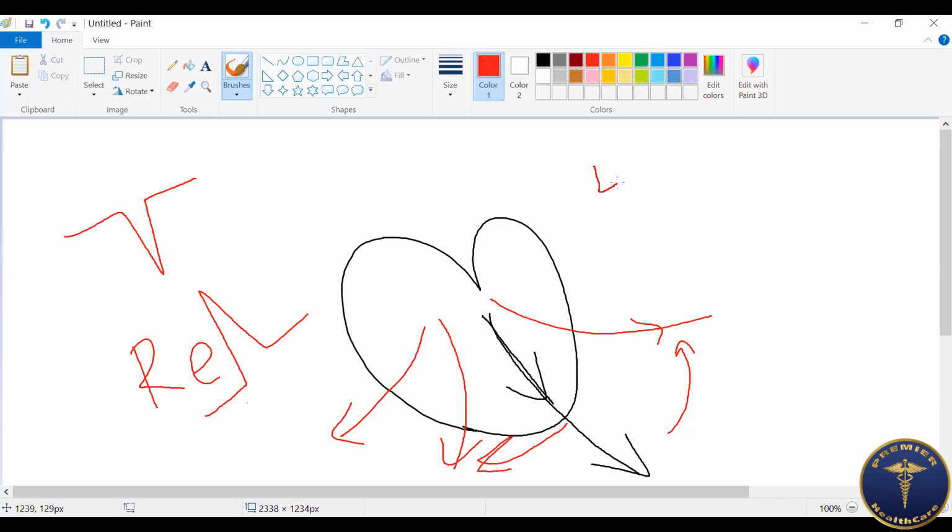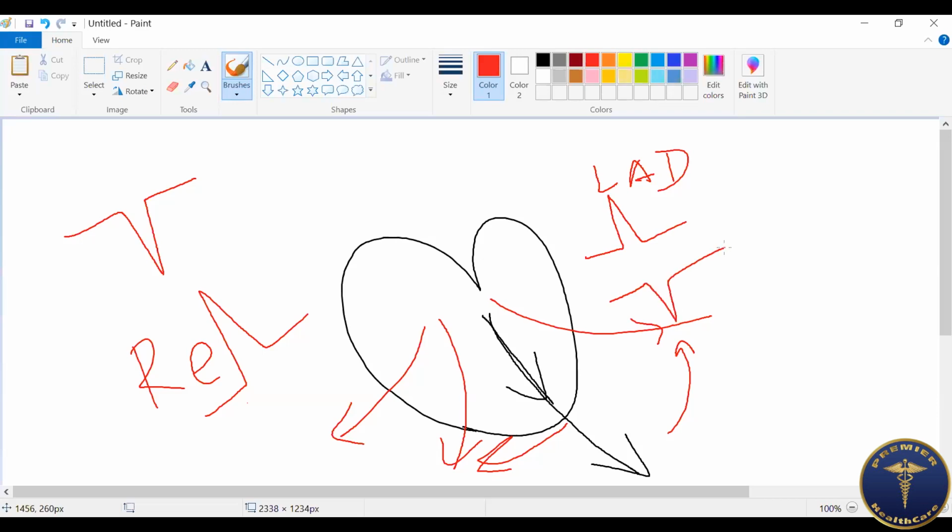Then in left axis deviation, what happens? Lead 1 and lead 3 would leave apart. Lead 1 will go in this direction, lead 3 would go in this direction.